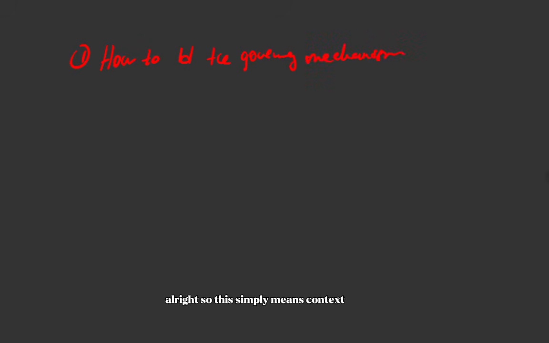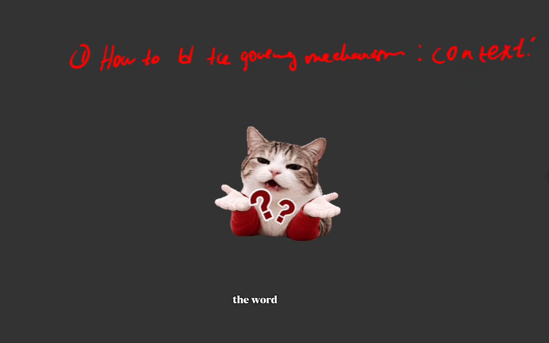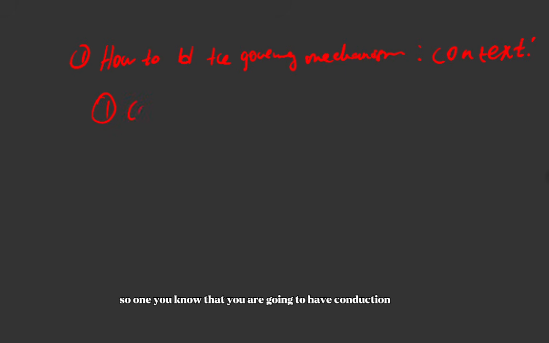All right, so this simply means context, the word which has turned out to be our favorite word for the semester, for the most part of it, as we are reaching towards the end. So one, you know that you are going to have conduction, and you know that has to do with Fourier's law, right?